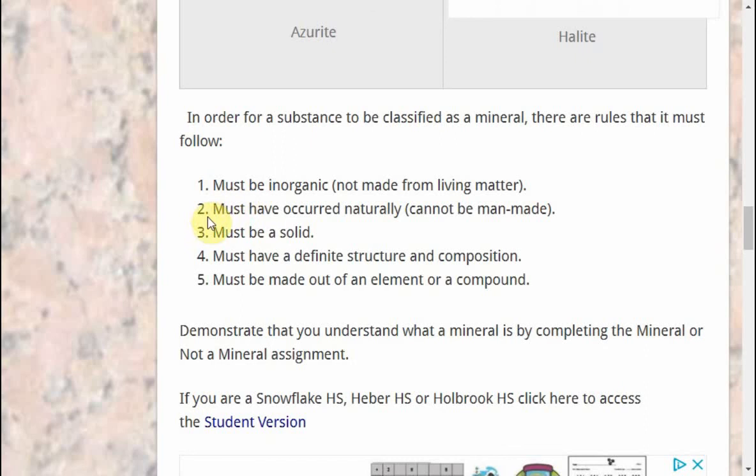Must have occurred naturally, so it cannot be man-made. Must be a solid. Must have a definite structure and composition. And must be made out of an element or a compound. Okay? Has to follow these rules.